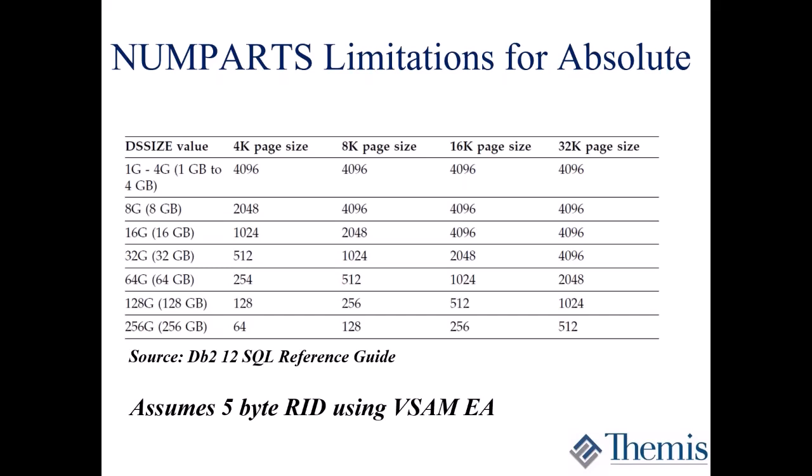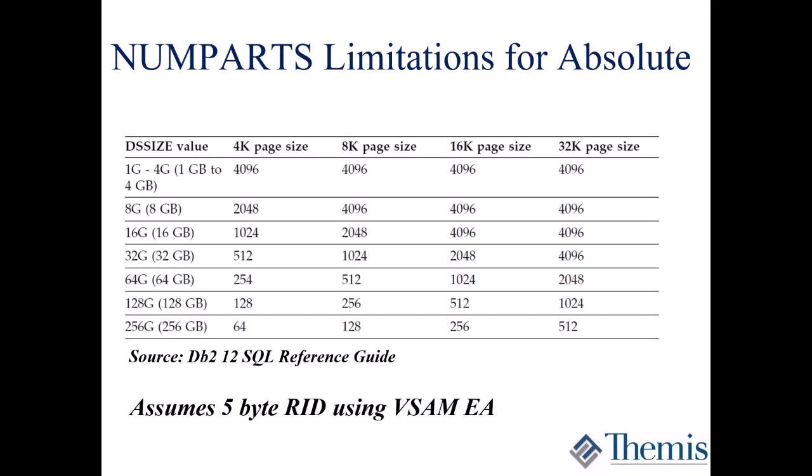At 8 gig DS size, I can only have 2,048 partitions, and for 32 gig DS size, only 512. And if you get down to the largest DS size allowed in version 11, 256 gig, I can only have 64 partitions, which goes back to a limit from about DB2 version 5. That used to be the maximum number of partitions.